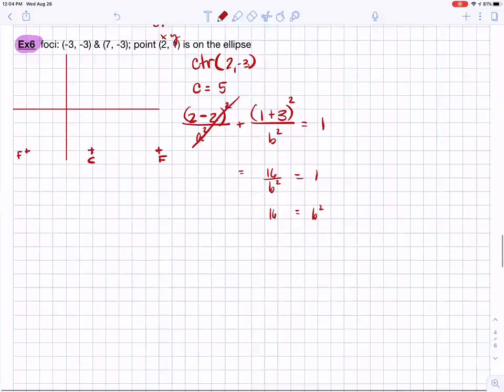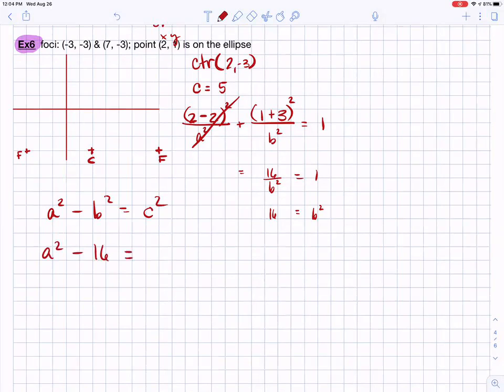So we have a squared minus b squared equals c squared. So that'll be a squared minus 16 is equal to c squared, 25, right? You guys with me? Okay. Add 16 to both sides.